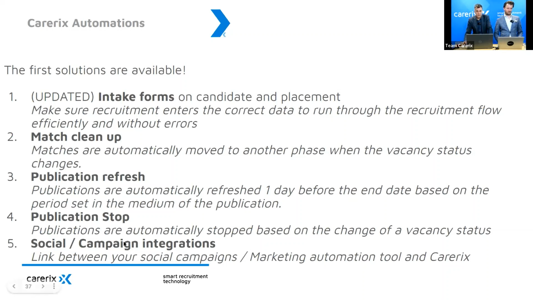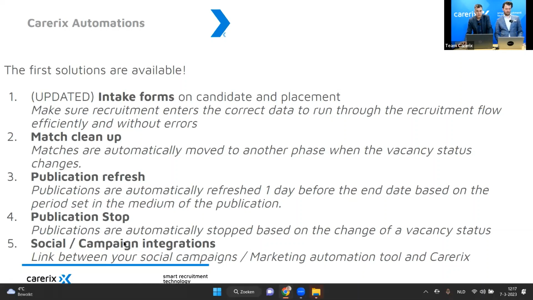Similar to publication stop. And last but not least on this slide is the social and campaign integrations. That is the integration with your tooling like HubSpot or SharpSpring or LinkedIn promotions, for example. You can integrate with these tools via our market or via our Carerix automation solutions.